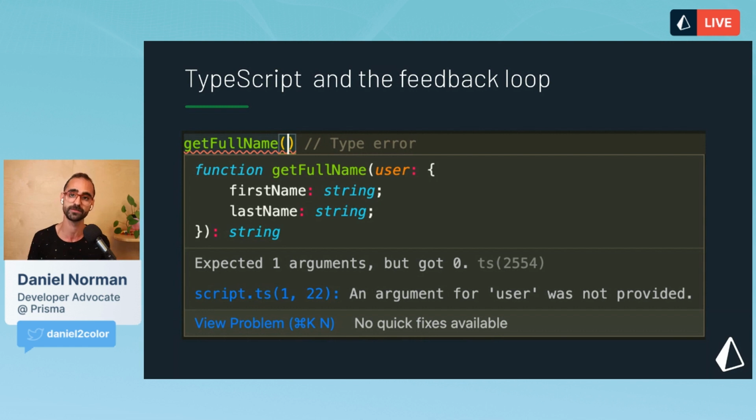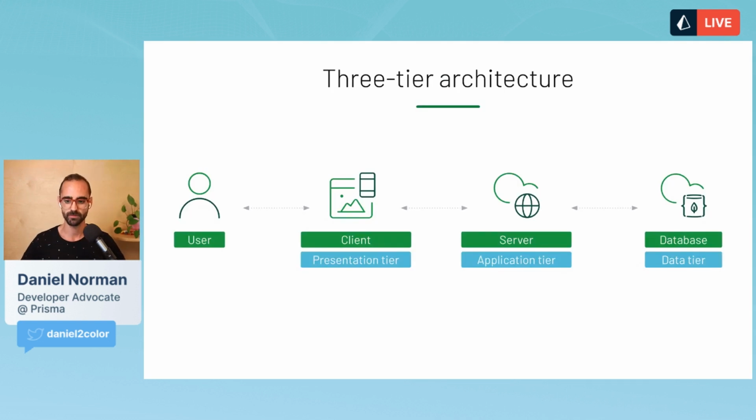Because with VS Code, type errors show up as you type the code, thereby reducing and tightening that feedback loop even further. And of course, you can also run the TypeScript compiler in your terminal and then get the same errors, and even integrate that into your CI pipeline. This begs the question, how can we take this idea of type safety and then apply it to the popular three-tier architecture?